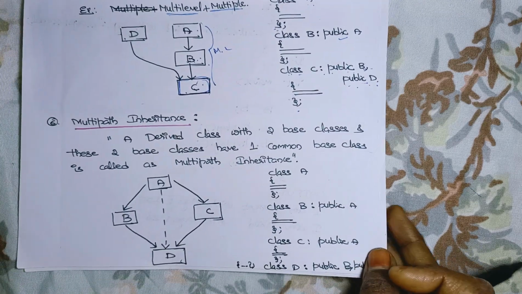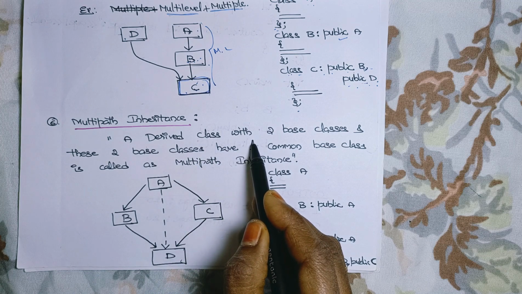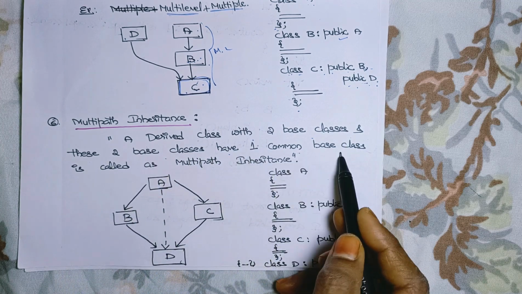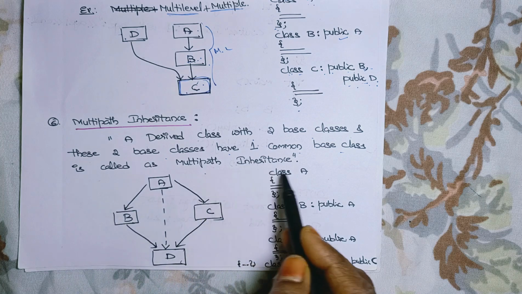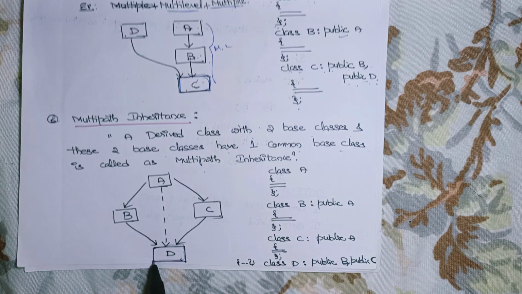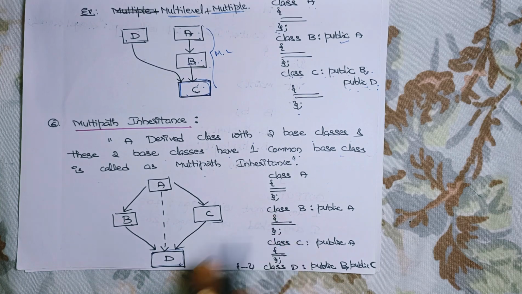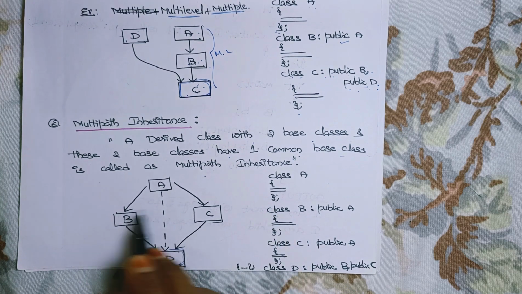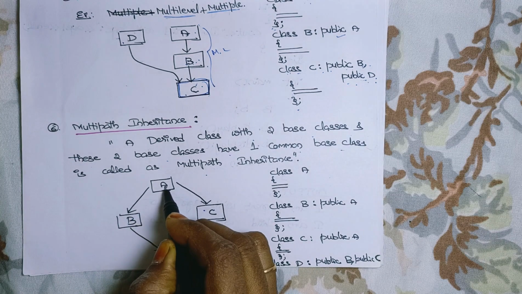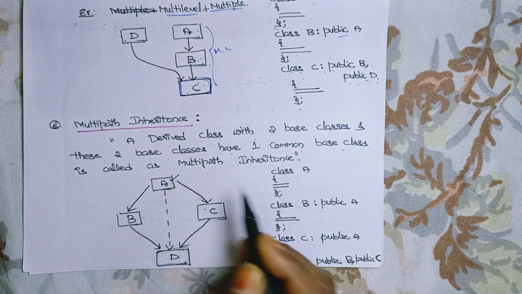Next, multi-path inheritance. A derived class with two base classes, where these two base classes have one common base class, is called multi-path inheritance. Here this is the derived class, the child class. This child class has two base classes, and these two base classes have one common base class, one common parent.